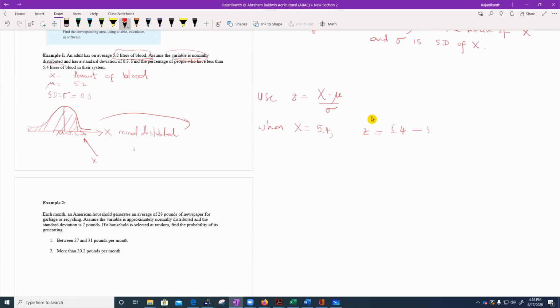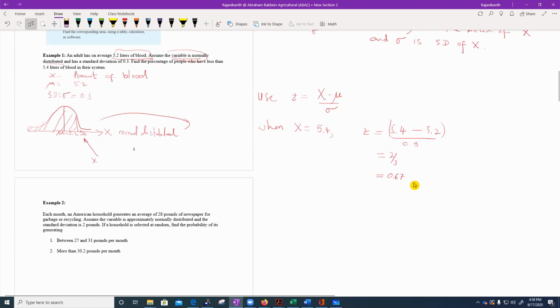The mean is 5.2, given, then dividing by the standard deviation, which is 0.3, right? Now take your calculator and find this answer to two decimal places. So 5.4 minus 5.2 is 0.2, right? So 0.2 divided by 0.3 is 2/3. What is that? It is 0.67.